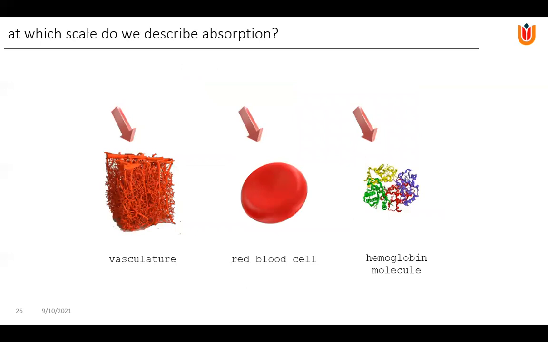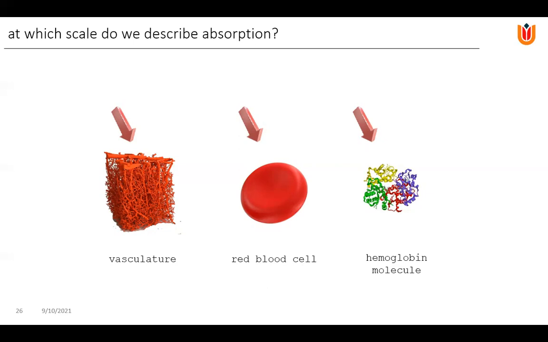Again, a little bit the same kind of caveat I made on the previous slide, where we treated light as a wave or as a particle. Same question we can ask ourselves: at what scale do we look at the properties? You can imagine that there are a number of scales at which you can look at this problem.